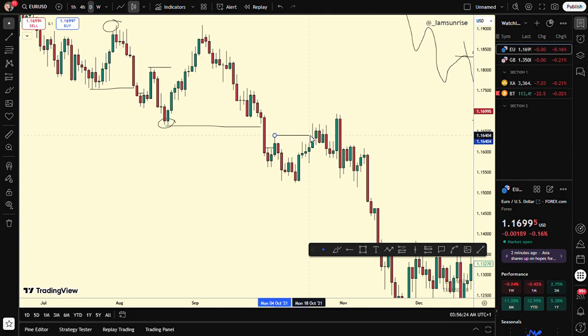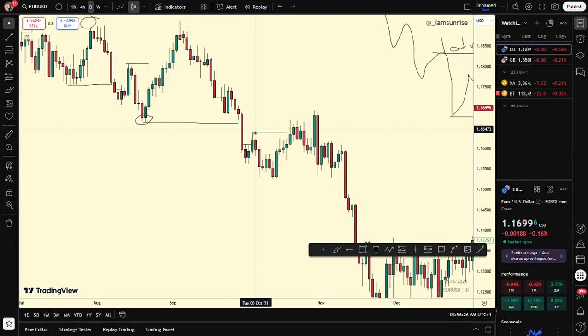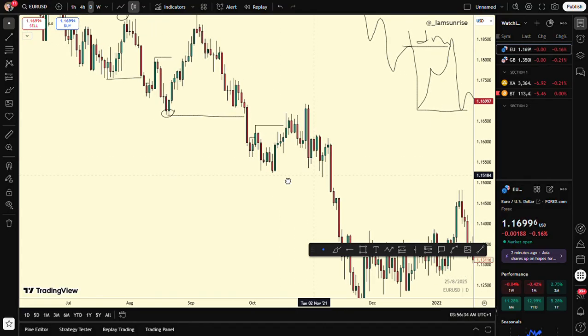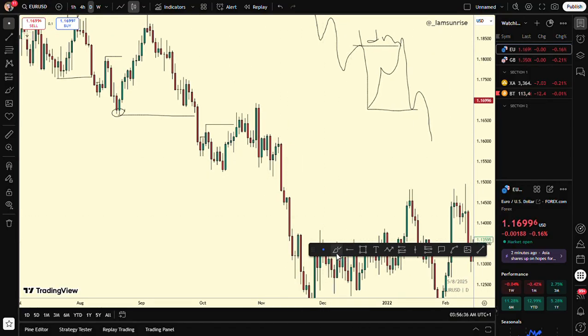This is a valid pullback, and that is what we are using as inducement. Do you understand?